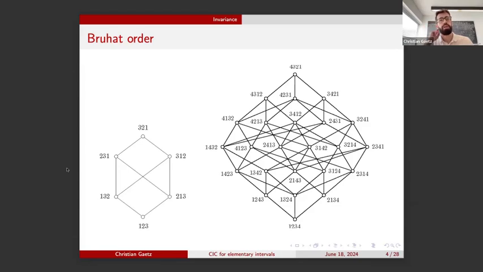In general, the cover relations in this poset are given by swapping 2 numbers in the permutation in such a way that the length increases by exactly 1. You can see on the right here already for S_4, this poset gets quite complicated, and it's really a very intricate and not so easy to understand poset.